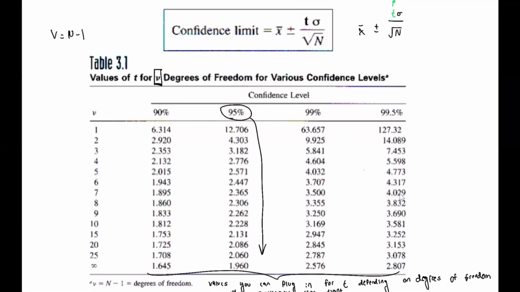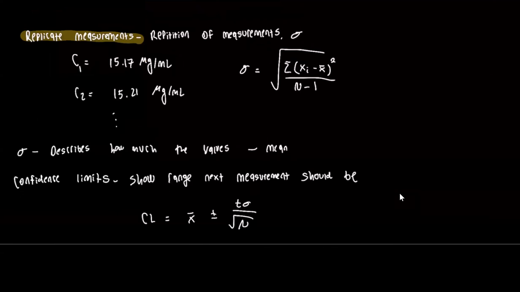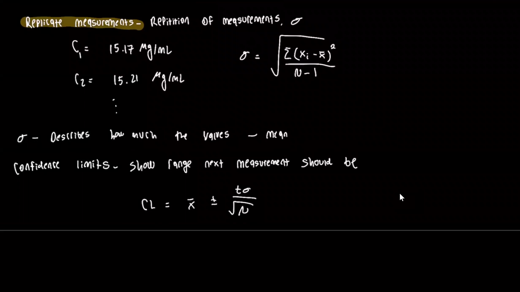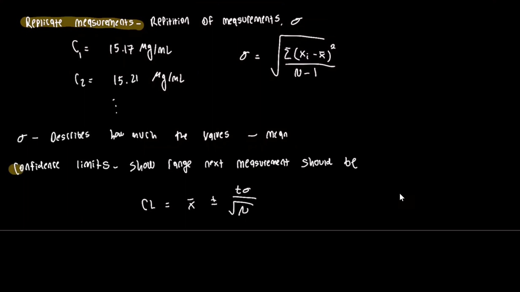Okay, cool. Let's talk about how these are different then. These two are different because confidence limits and replicate measurements, standard deviation, are going to show you what your next measurement should be. Whereas uncertainty shows you how uncertain you are of your individual measurements. So they are similar, but they're not the same thing by any means.